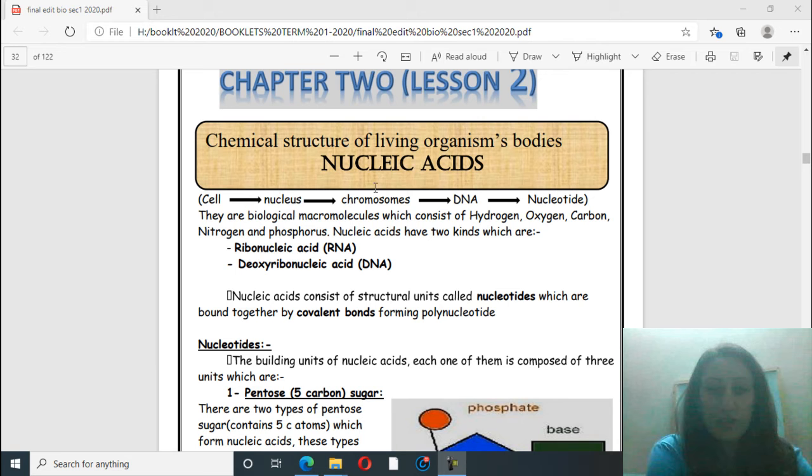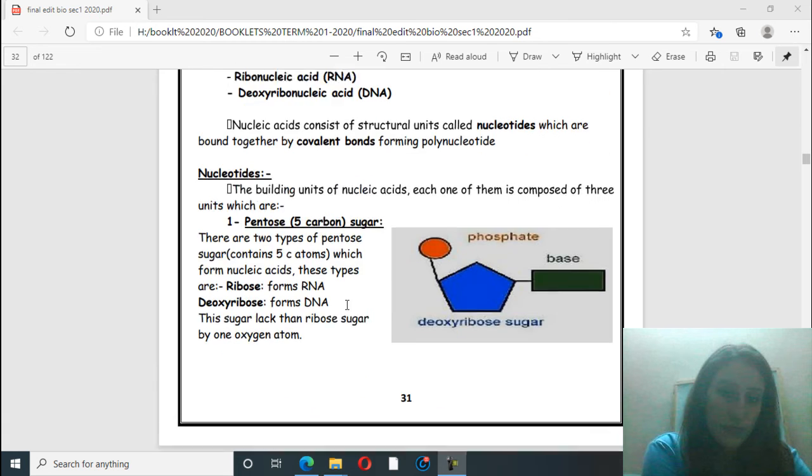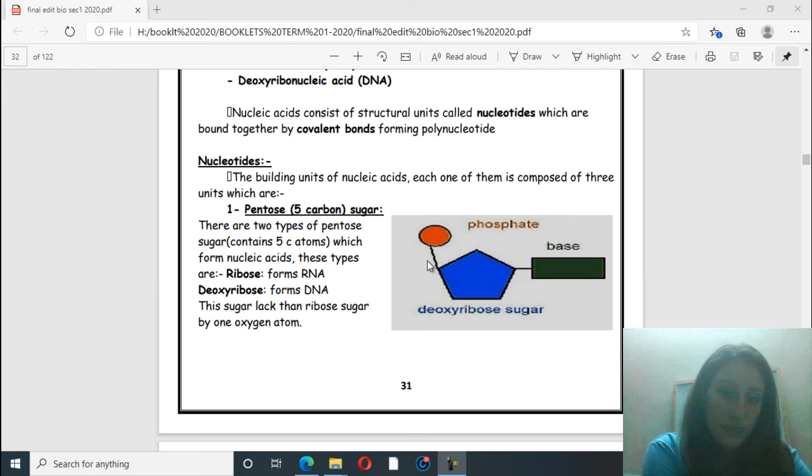Here is the structure of each nucleotide: a sugar called the deoxyribose sugar or pentose sugar, which contains 5 carbon atoms. Carbon number 1 binds to the nitrogenous base, carbon number 5 binds to the phosphate group. Here is a covalent bond binding the sugar with the base and the sugar with the phosphate group.